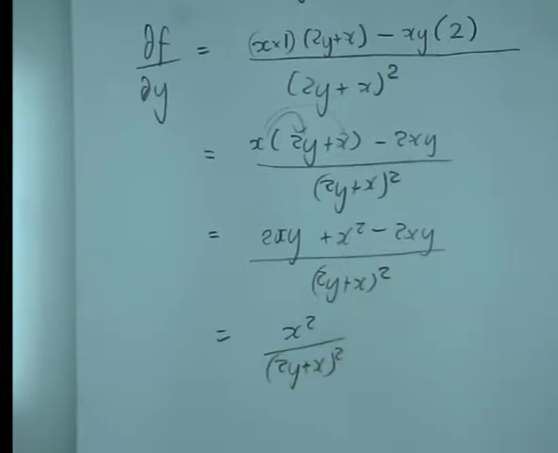So look at that. This is telling me that df on dy is always positive because they're both squared, by the way, which is one of the useful things to know in economics. That's saying if I change y, no matter how I change y, f will always go up, no matter what.